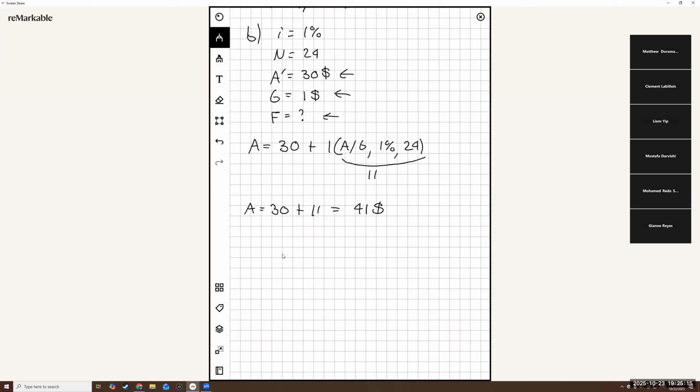So now with this value, we can calculate our F value, right? F will be 41. And what is this? This is an A value. So let's use our formula that converts A into F at 1% for 24 terms.